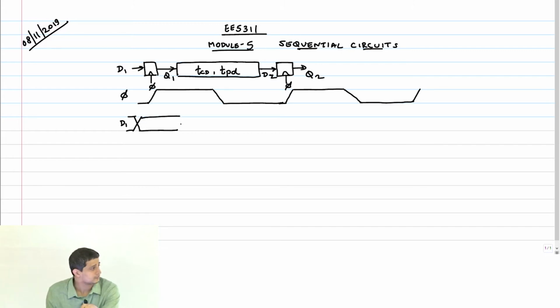Now I will also do one more thing. I will mark my setup and hold time windows in red. You see, this is my setup time window. This is my setup and hold time window, where data should not change.